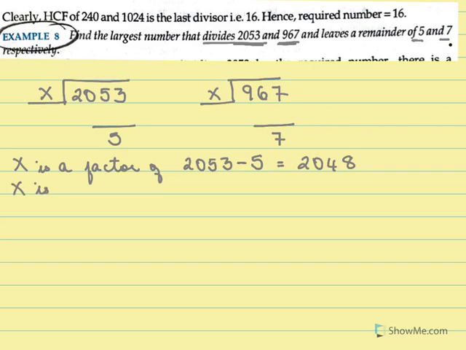And x is not a factor of 967, because you get a remainder. If it's a remainder, then it's not a factor. So it is a factor of 967 minus 7, which is 960.